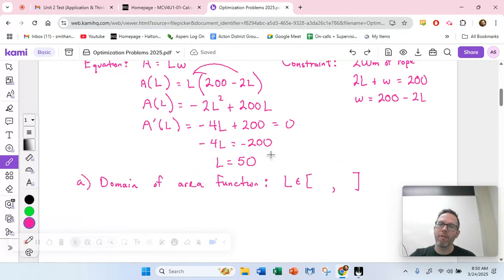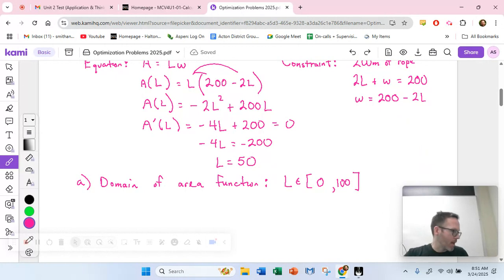So the domain of this area function: the length can't be less than 0, and the length can't be more than 100. 100 is really silly too, because then it looks like this. This is your swimming area. You just loop the rope back and forth. So would you guys agree? These endpoints are obviously not it. These are not going to give us the maximum area possible.